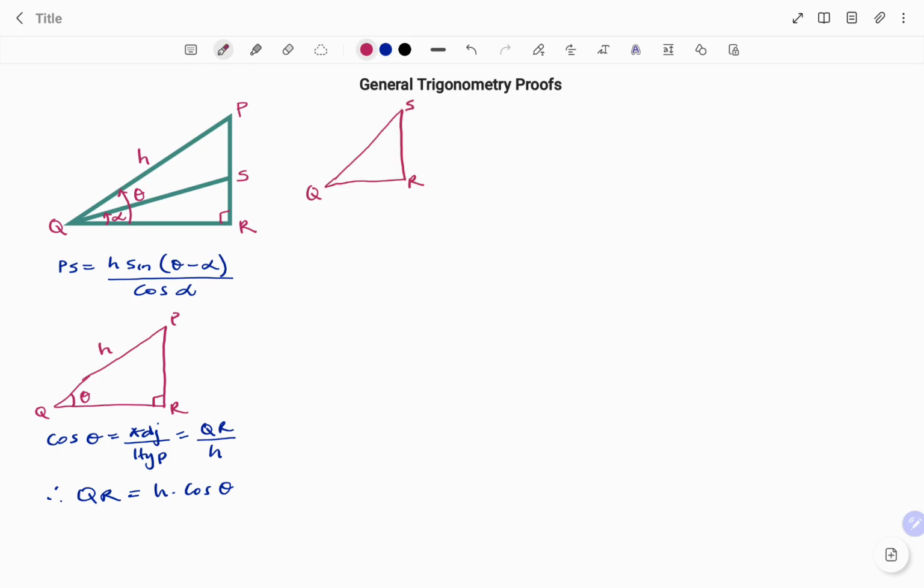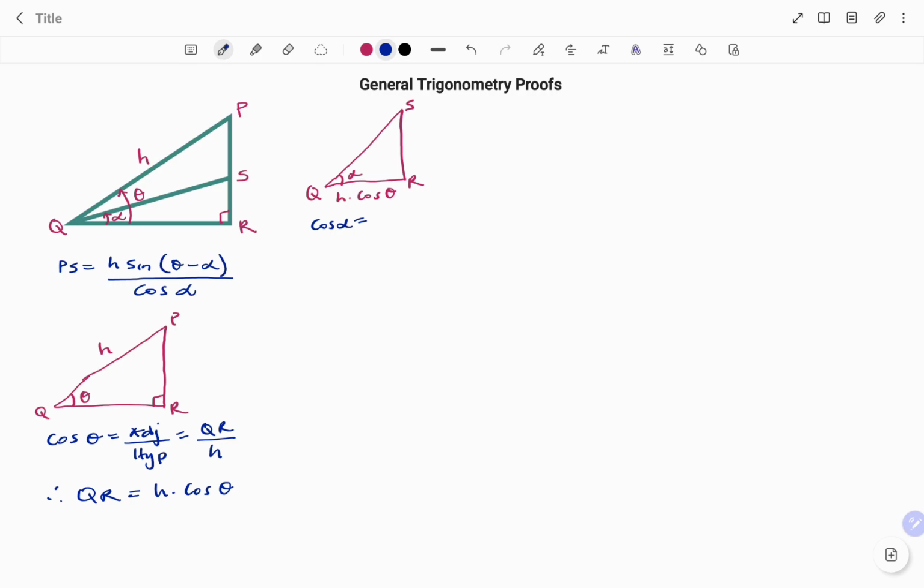Using the smaller triangle QRS, I have the angle at Q, because it's a smaller triangle, to be alpha. In the previous calculation, I've been able to show that the line QR equals h cos theta. And also, we know that SR is not given, QS is not given. Therefore, to find line QS, using the trig ratio, cos alpha equals to adjacent over hypotenuse.